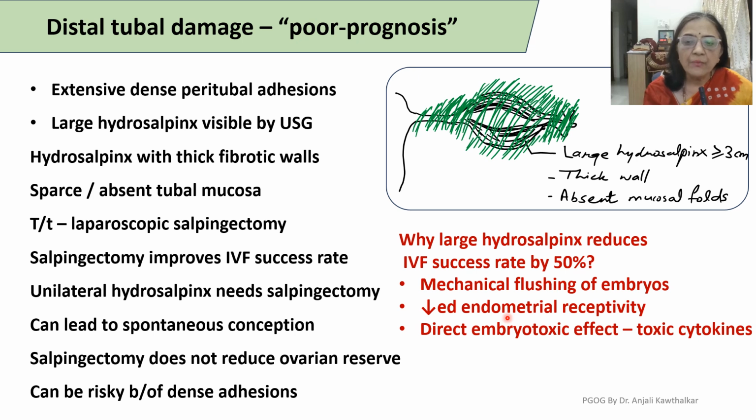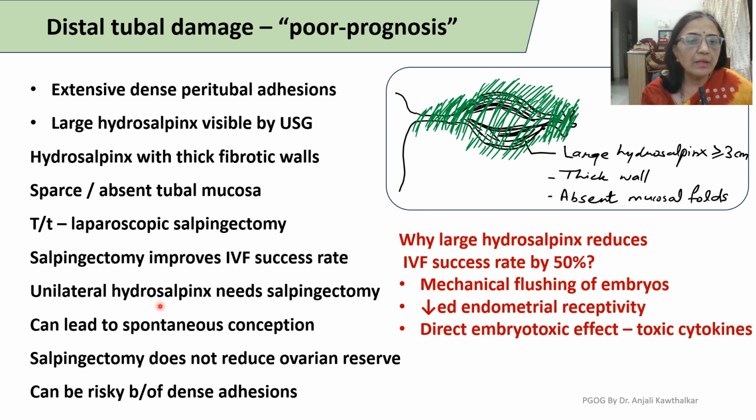That is the reason why the pregnancy rate is less if there is persistence of hydrosalpinx. So when we remove it, or when we take care of this hydrosalpinx, the IVF success rate improves by 50%. So it is an important concept.